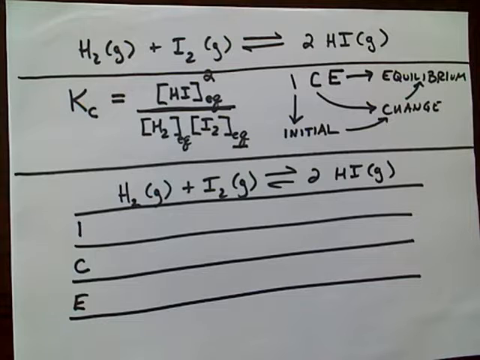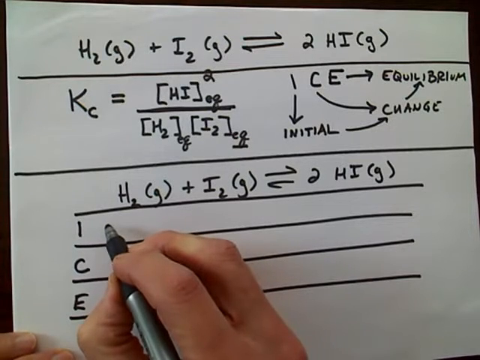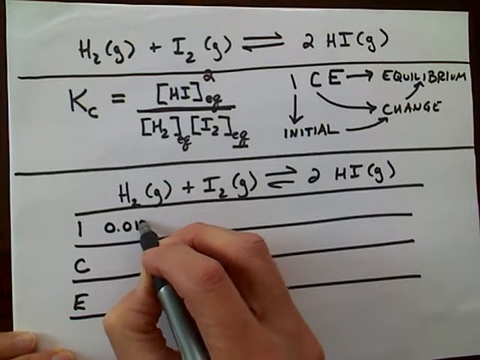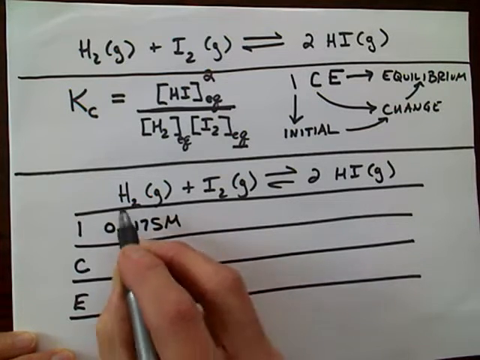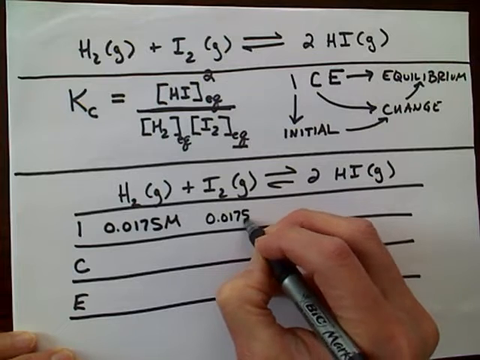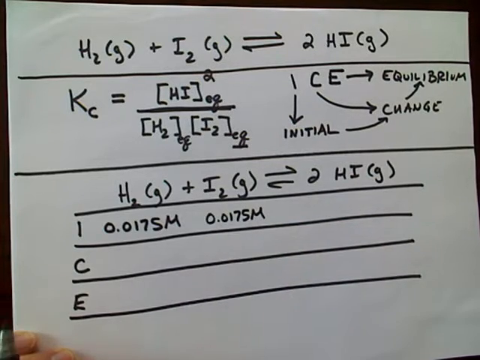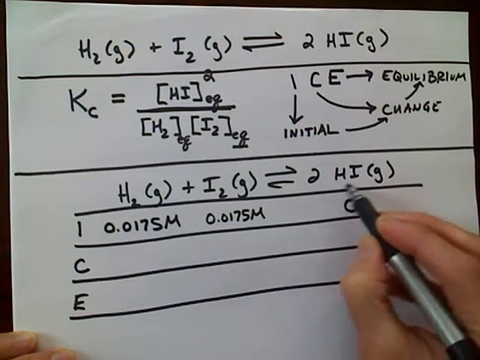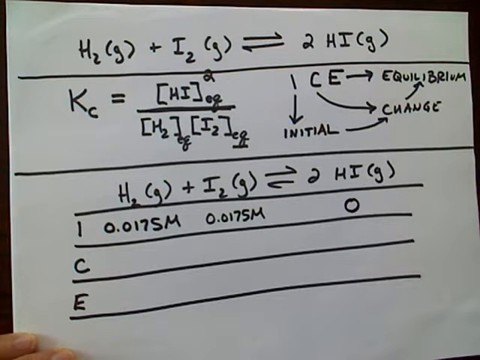And let's just imagine that we're going to start with a system that has 0.0175 molar concentration of hydrogen gas and 0.0175 molar concentration of iodine gas and no hydrogen iodide.